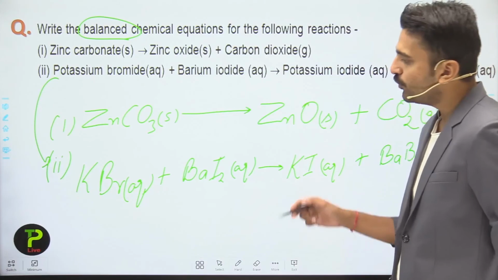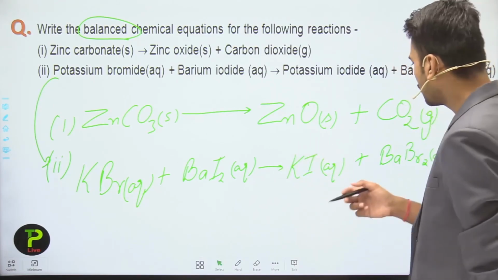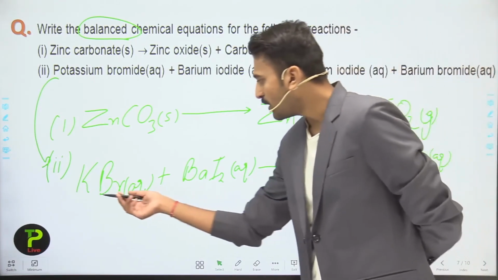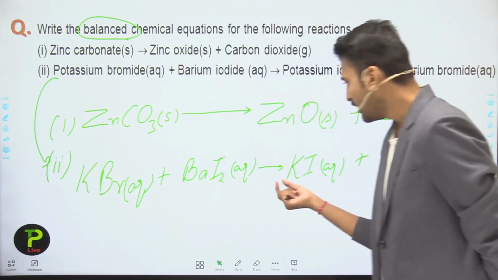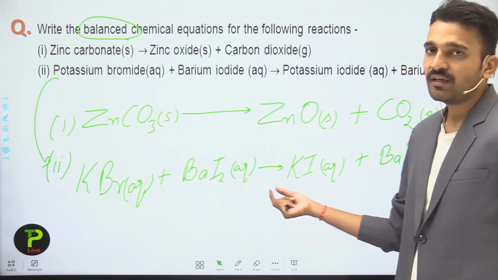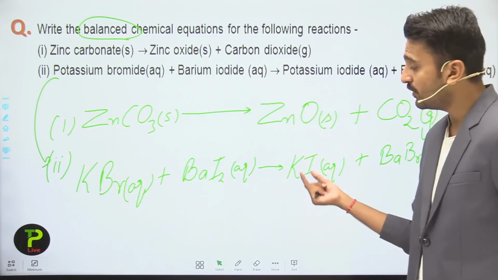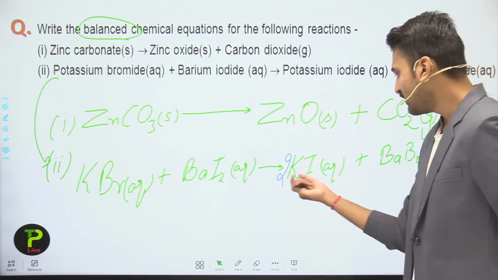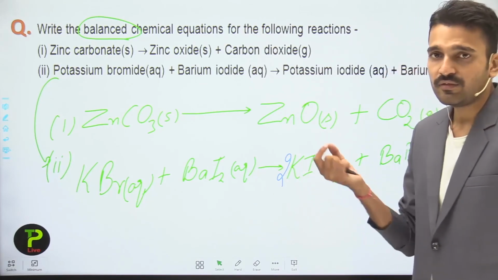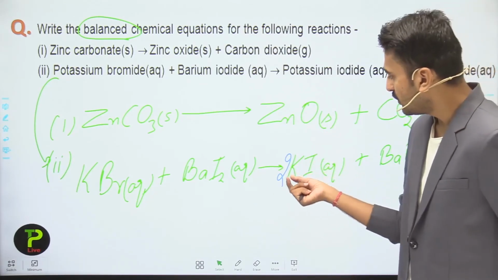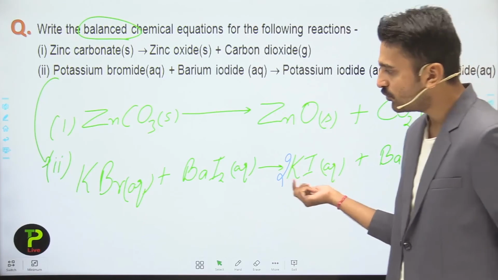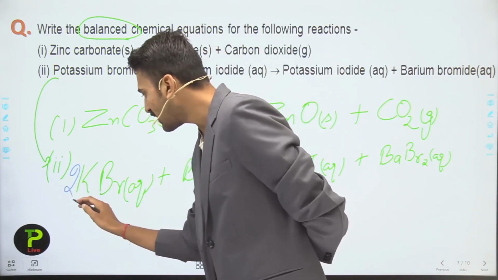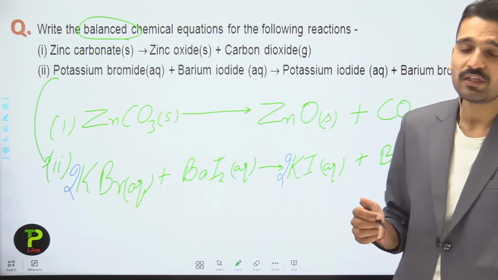Now you have to balance this reaction. You see the number of iodine atoms: on the reactant side it is 2 and on the product side it is 1. So you multiply KI by 2, balancing the iodine on the product side, while the potassium has now become unbalanced. So you have to multiply KBr, potassium bromide, by the coefficient 2.